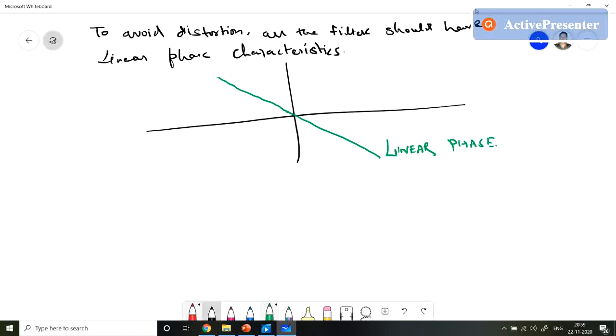So far we have discussed the ideal filter.